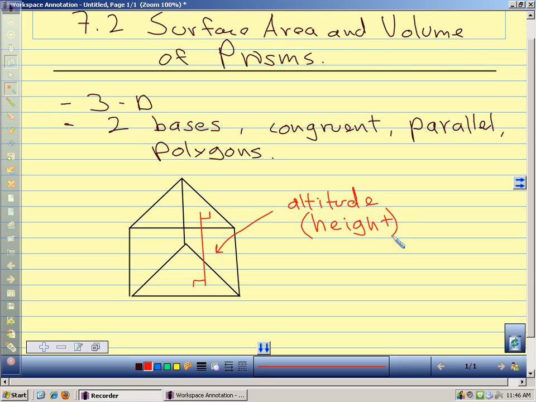The altitude is the name of the segment. The height is its length. Often we use both words to mean the same thing. Altitude and height, we use them interchangeably. So just know that to find the altitude, the height of our prism, it's a segment that connects the two bases at 90-degree angles.